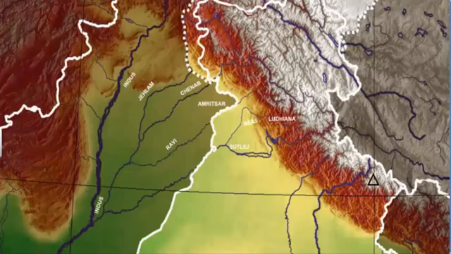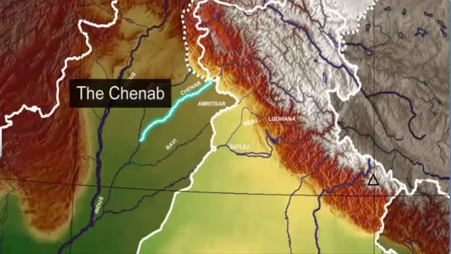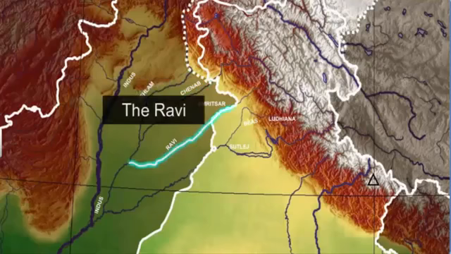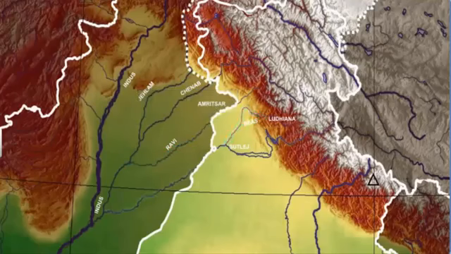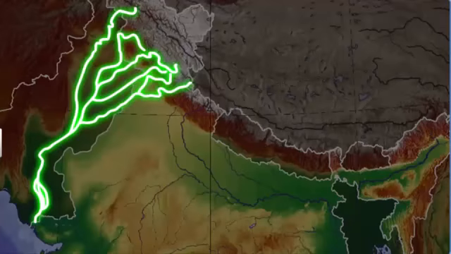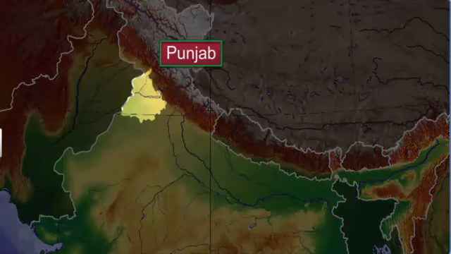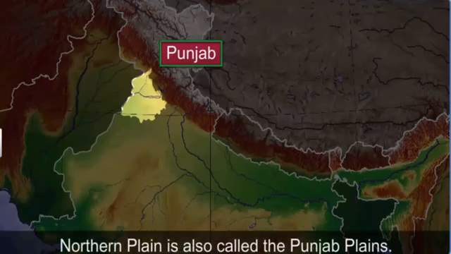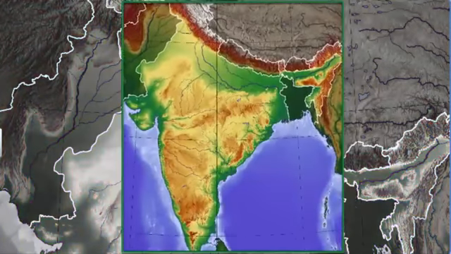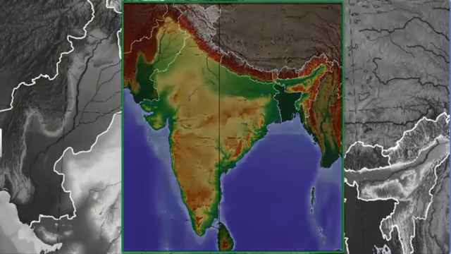The Indus and its tributaries, the Jhelum, the Chenab, the Ravi, the Beas, and the Satluj, originate in the Himalaya. Between these rivers lies the fertile state of Punjab. This part of the northern plain is also called the Punjab Plain. If you look at a map of India, however, you will find that a bigger portion of the Punjab Plain lies in Pakistan.